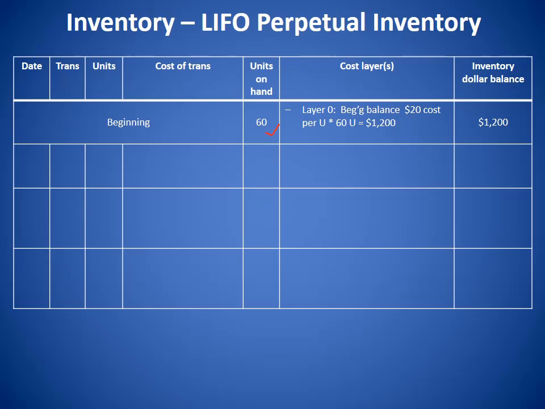They're from what I'm going to call a layer 0, in other words, just a neutral layer, and the cost is $20 per unit times 60 units. So the total value of our inventory is equal to $1,200. Okay, now we're going to get into how the transactions impact our balances.